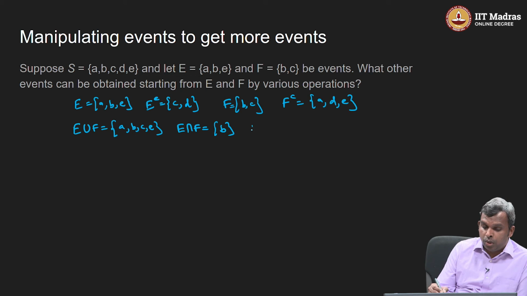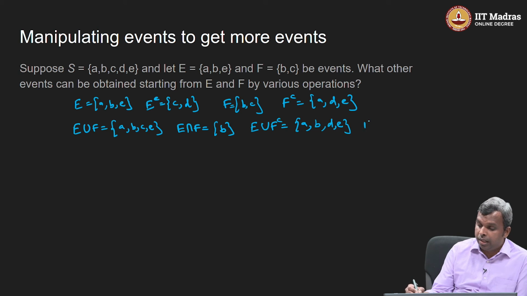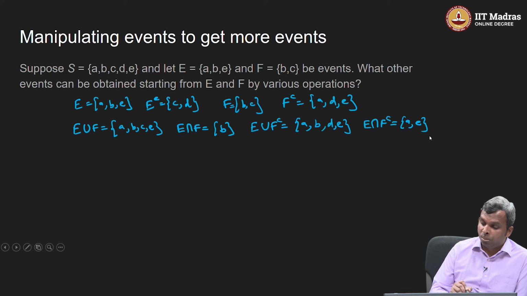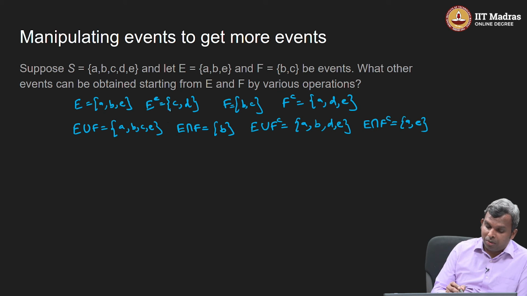Then you can do E union F complement. That would be A, B, D, E. And then E intersect F complement, that would be A comma E, okay. Now what else can we do? You can do complements of all of these, right? Or maybe we can just do the other intersection.